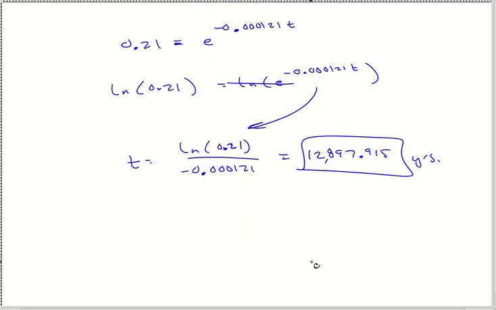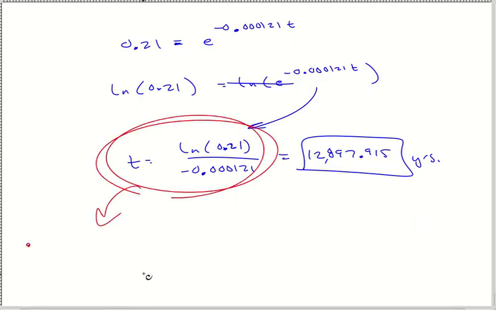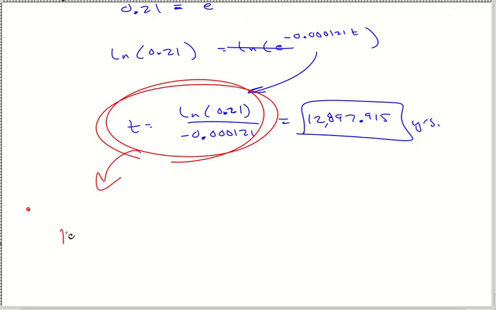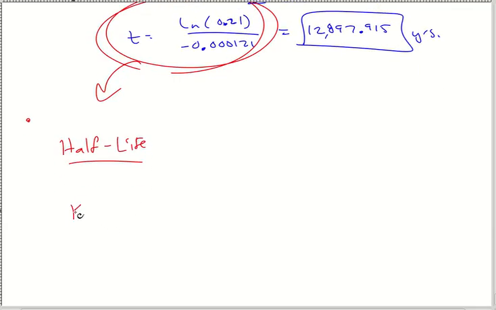So, I also did it for another reason. There's a formula kind of embedded here. Let me give you some formulas. When it comes to half-life, if you see half-life, there's some formulas that I always use. k is your rate. Let me write rate in English. k is equal to ln of 0.5 divided by the actual half-life.